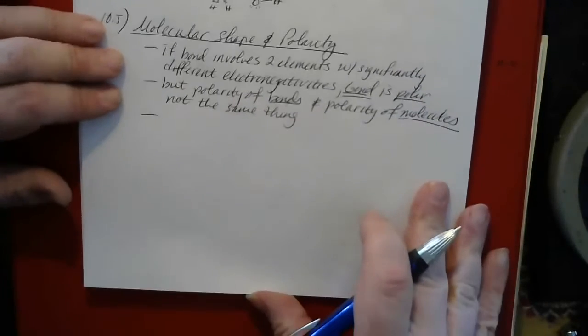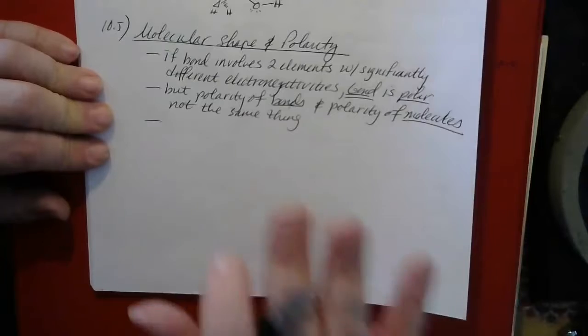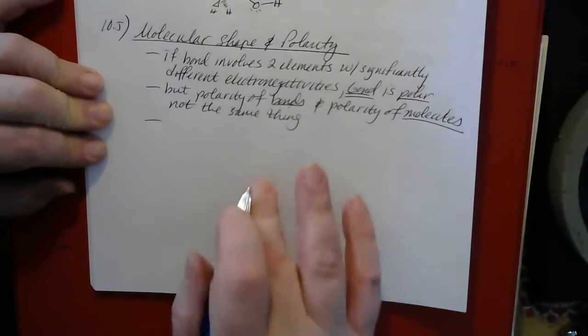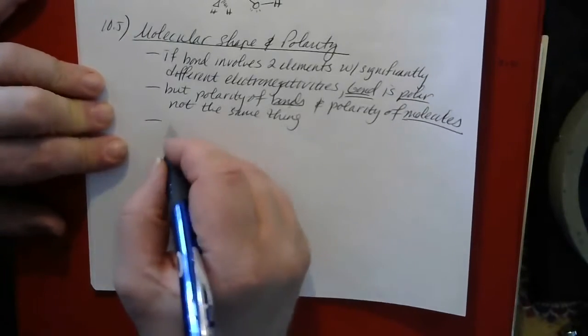The polarity of molecules depends not only on the polarity of the bonds, but how they're arranged around the central atom.